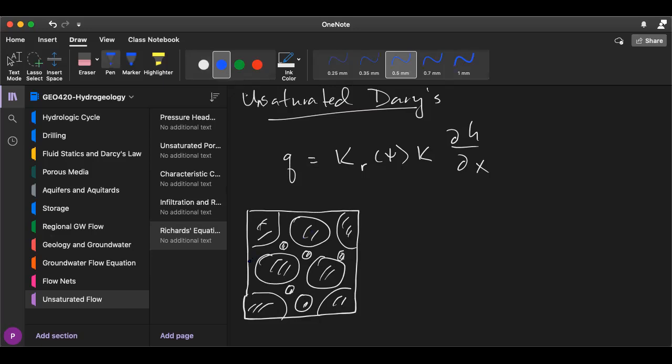And we've got water. We'll say that we're partially saturated, so we've got water only in some of these pores here. And water is flowing. We've got Q flowing in this direction.